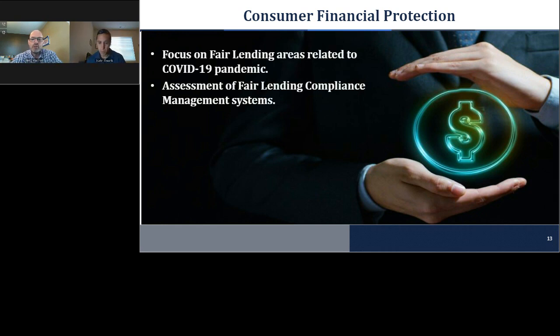The scope of those compliance reviews is largely risk focused. So it's not one size fits all. It'll be based on the institution itself, the types of products and services, and any new or emerging concerns in that particular credit union.